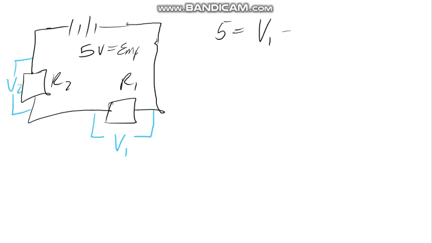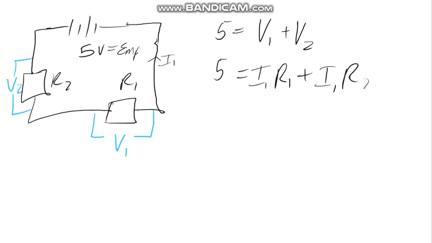So V1 plus V2 must be equal to 5 volts. Remember, there's a current I1 that is the same because it's a series circuit. So 5 volts is equal to I1 times R1 plus I1 times R2. I1 is the same, so it's 2 amps.